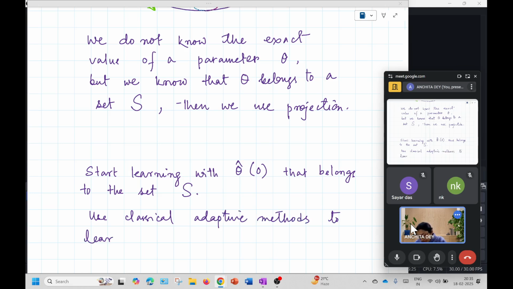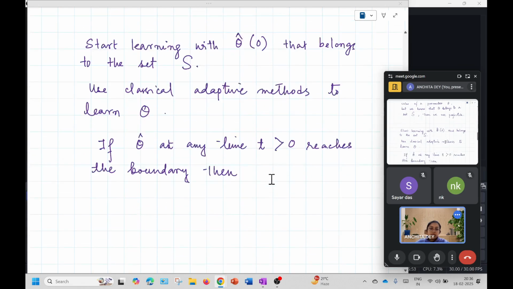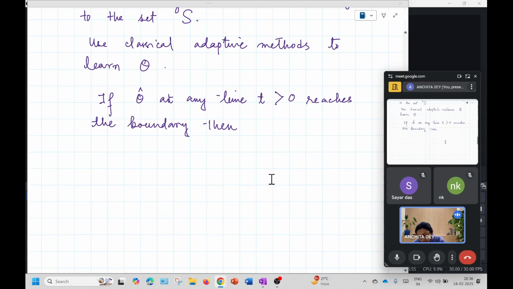If theta hat at any time t greater than 0 goes, if it's directing inside this set, then there's nothing to worry about, right? If it reaches the boundary, then check the following.